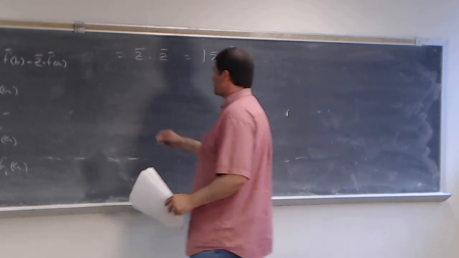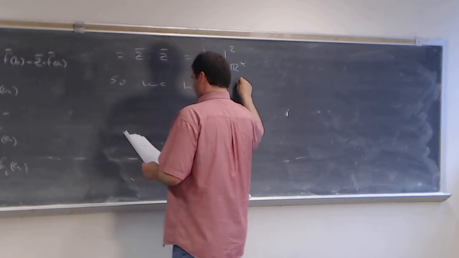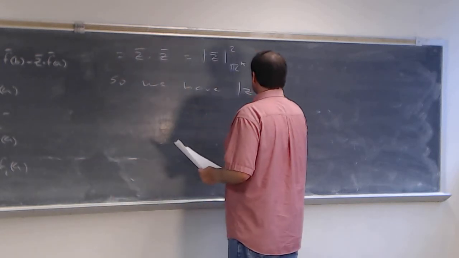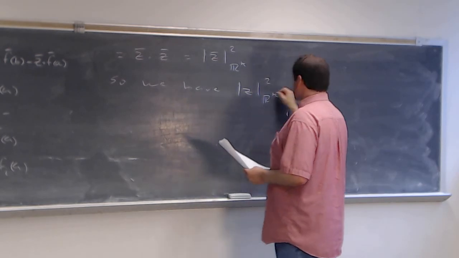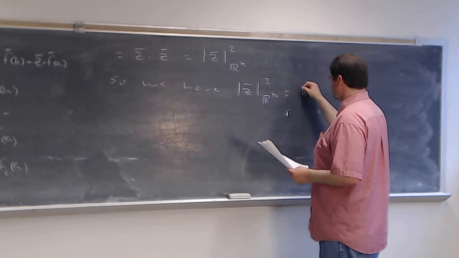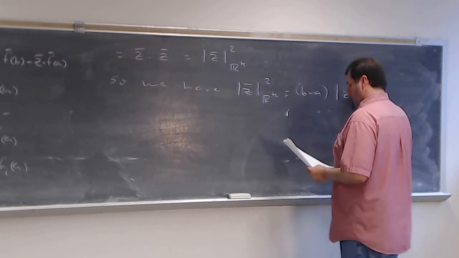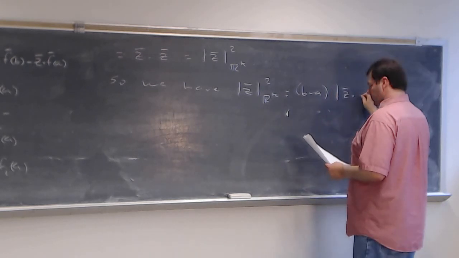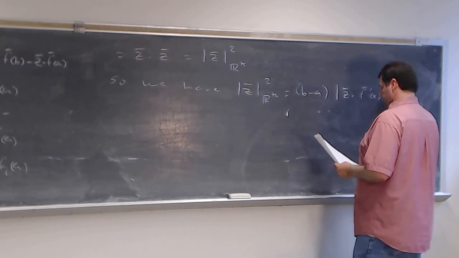So what we have is that the norm in RK squared of z bar is equal to b minus a times the inner product of z bar with f bar prime of x.